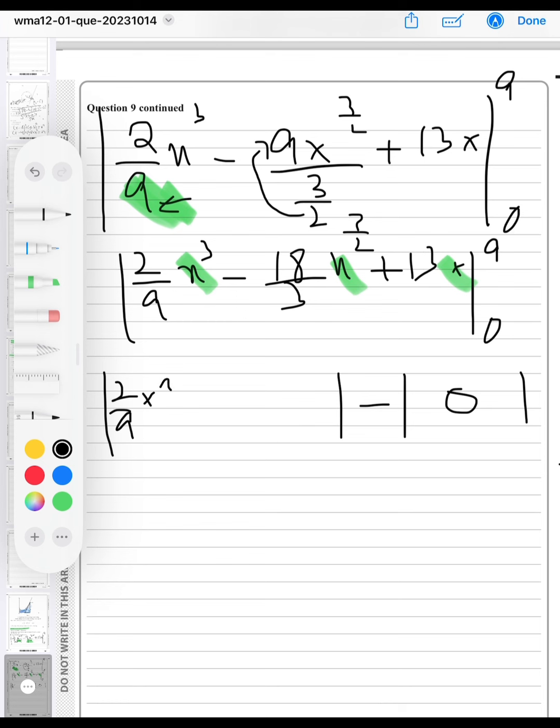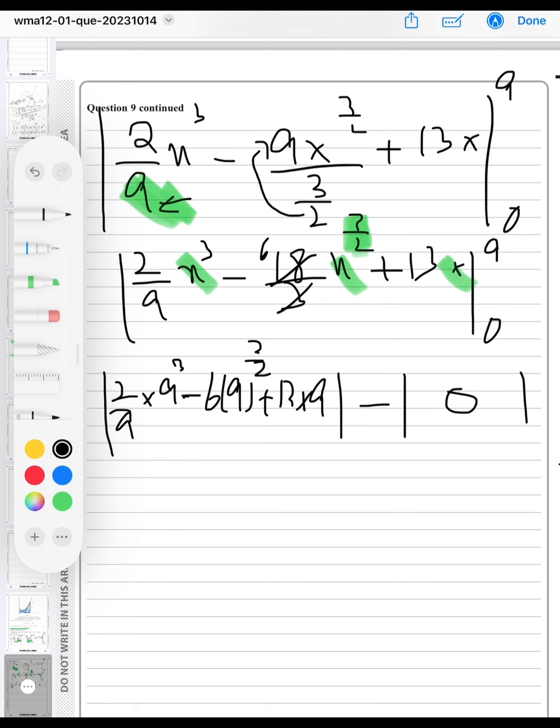So 2/9 into 9 cube minus 18 upon 3, so this will turn to 6, into 9 to the power of 3/2, plus 13 into 9.